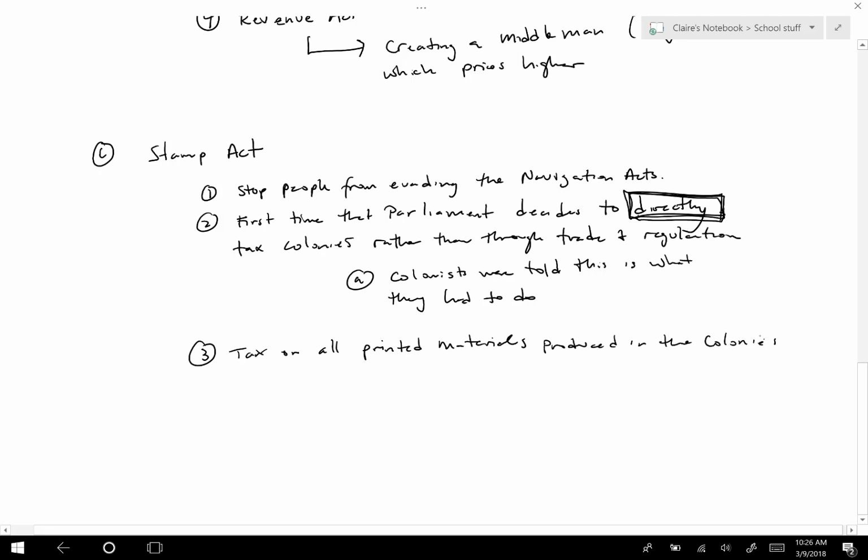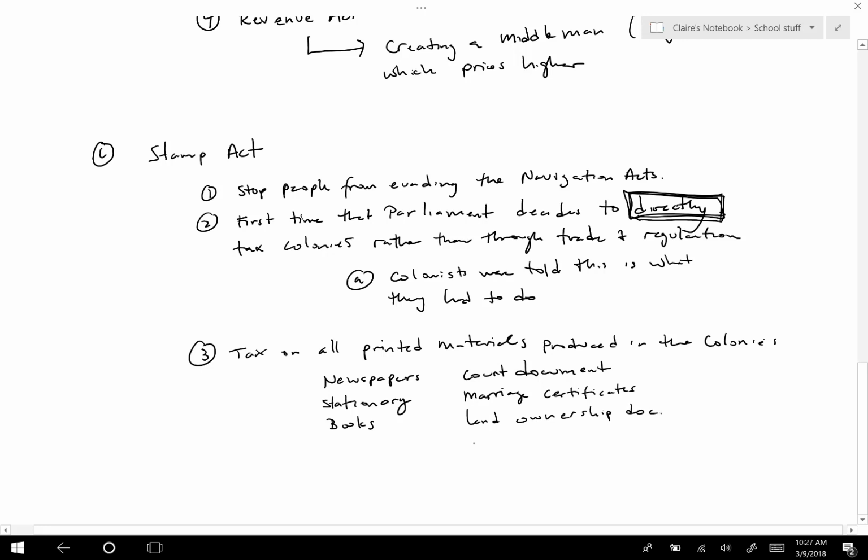If you think about it, newspapers, stationery, envelopes, books, court documents, marriage certificates, land ownership documents, cards, like playing cards, some dice even, that were seen as partly printed.